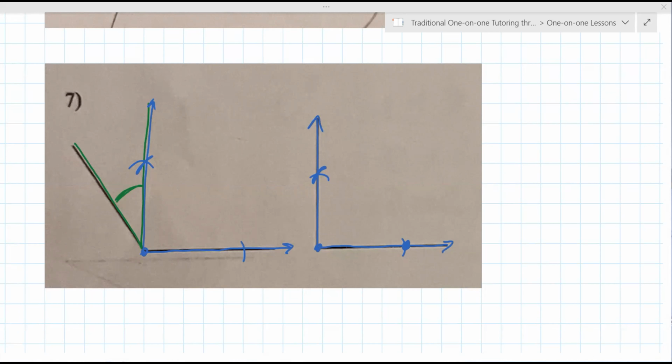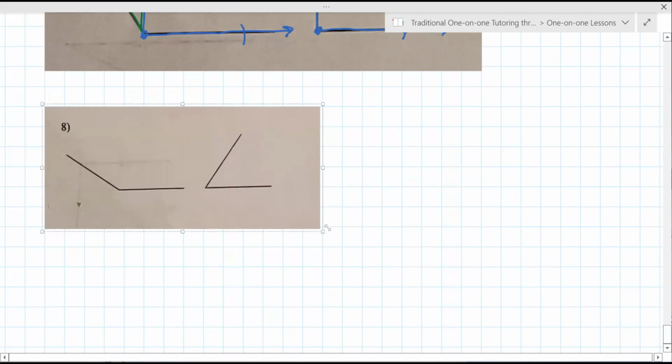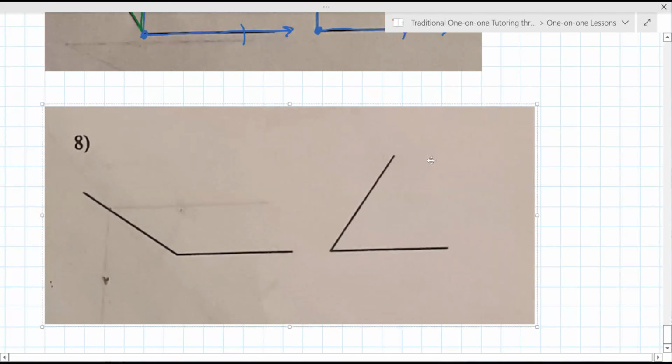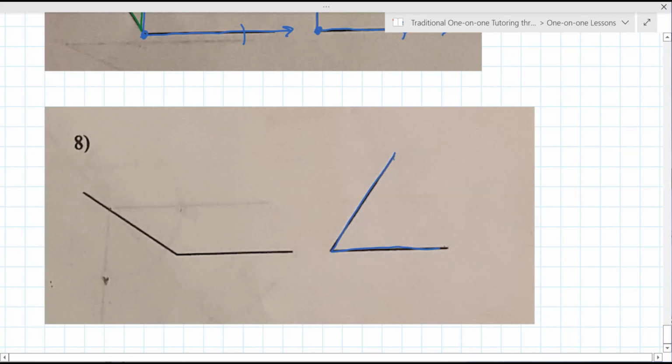Eight's the same. So we're going to copy the one on the right onto the one on the left, just like we've been doing. Let me grab the right color. There it is. Okay, there's your vertex point. There's your vertex point.